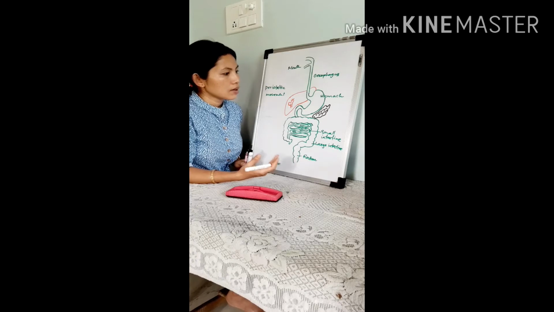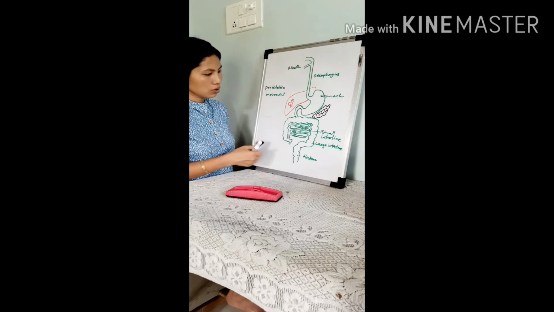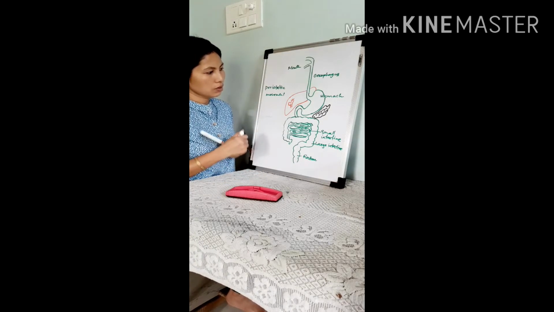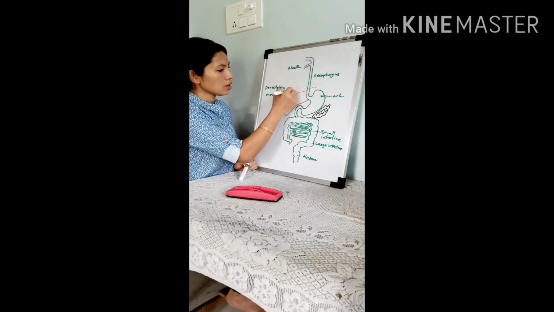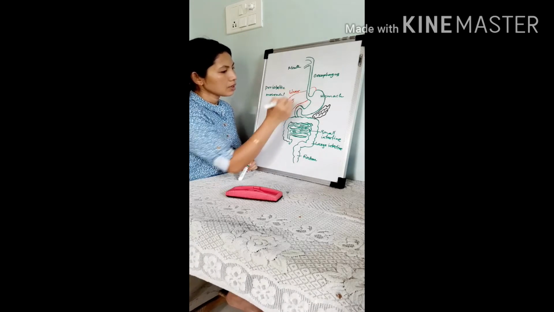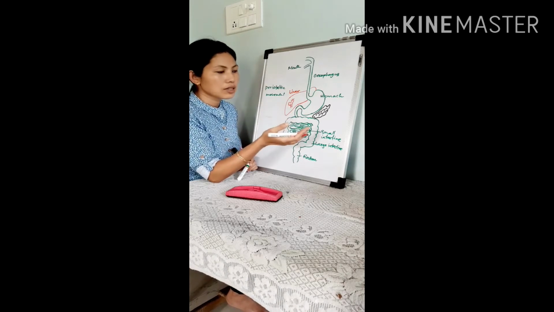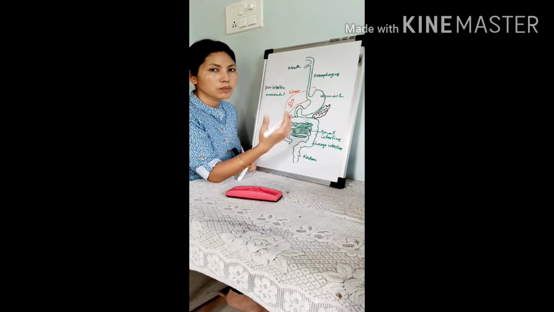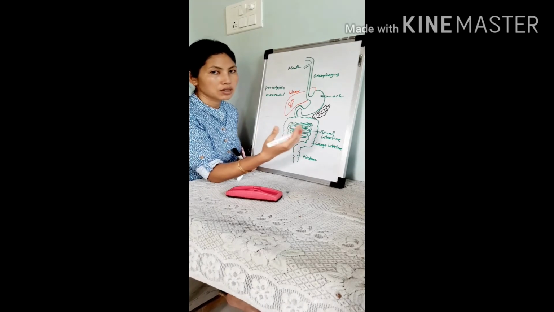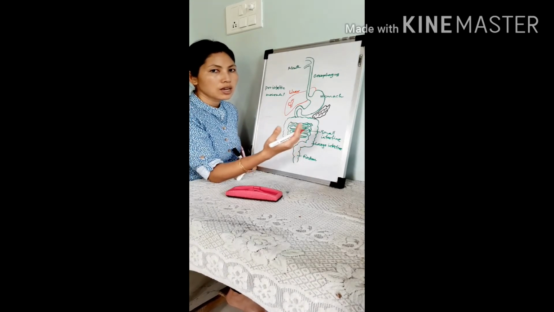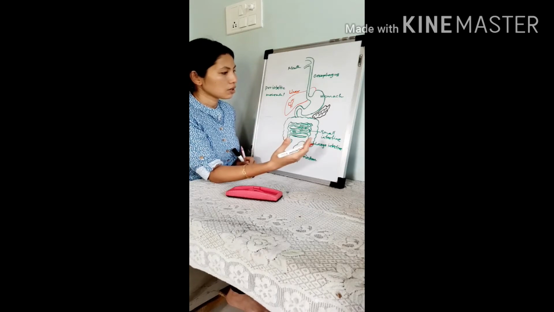The glands that help in digestion are, first, the liver. The liver does not secrete enzymes, it secretes bile. Though bile is not an enzyme, it helps in digestion greatly. How it helps in digestion, we shall discuss in a later part.